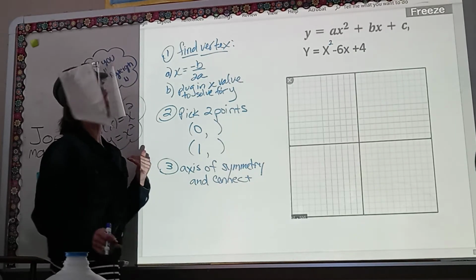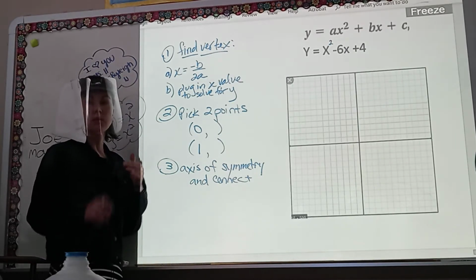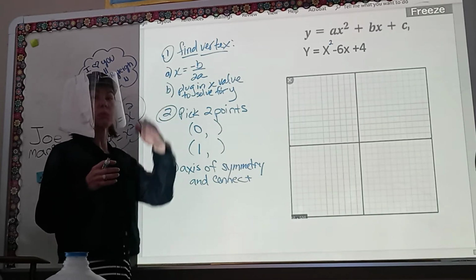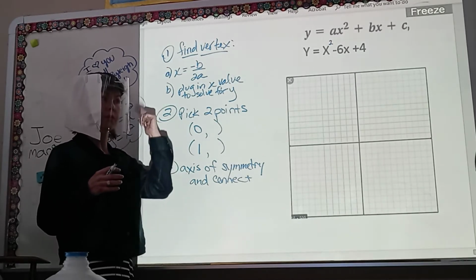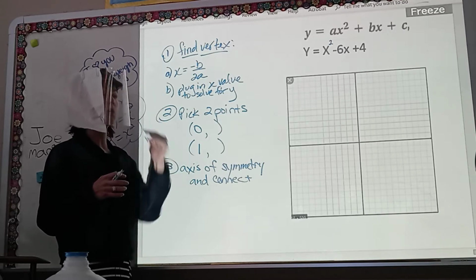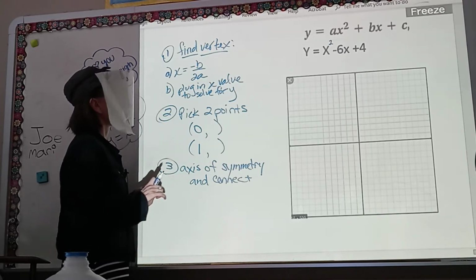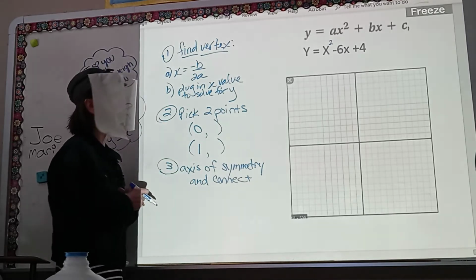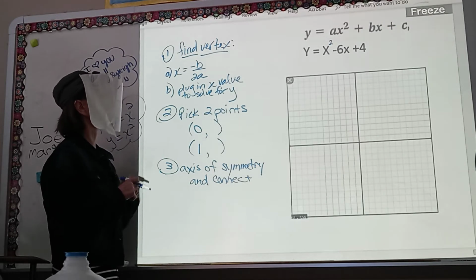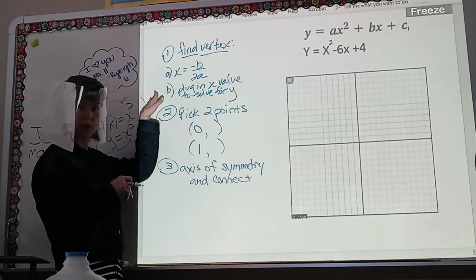So we know what the vertex of a parabola is, okay, it's the maximum or minimum point. I need you to visualize that. It's the maximum or minimum point of the parabola. And the way that we find it is by doing these 2 steps, okay?